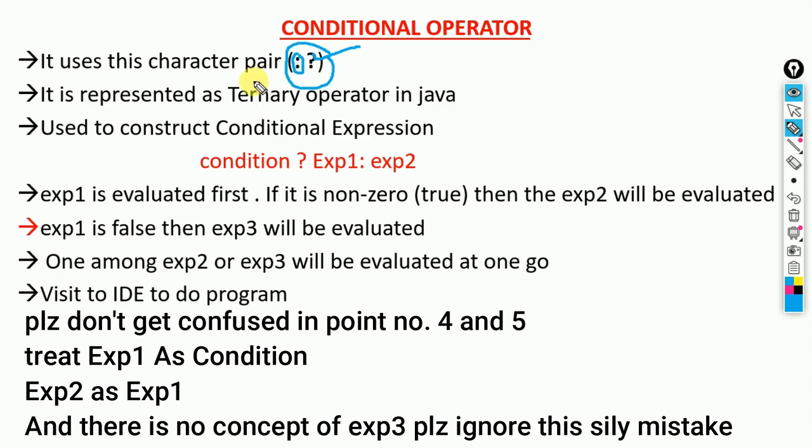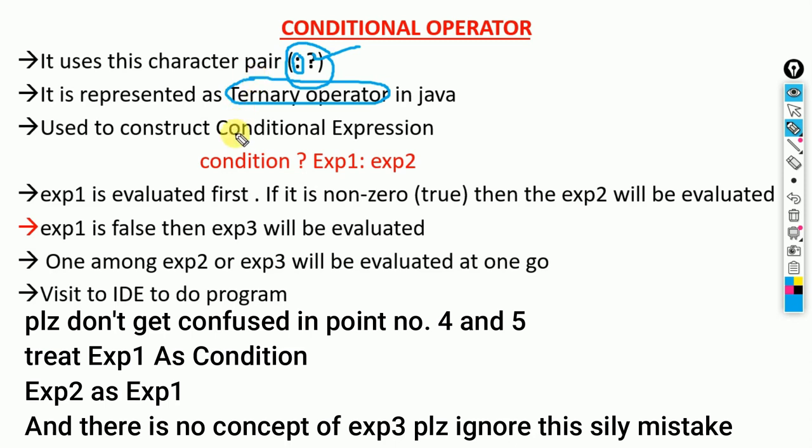Now, as we have already said, the conditional operator is represented as the ternary operator in Java. If you get the ternary operator somewhere, you can simply assume that it is the conditional operator. There is no mismatch on that.